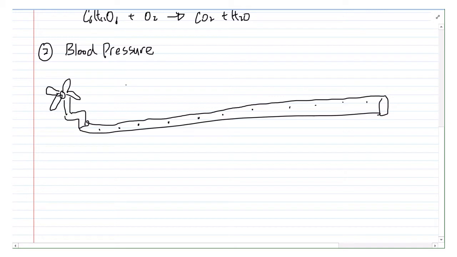Visualize what's going to happen. The water will shoot out quite high, but then eventually, as you go farther away from the water tap, the water is still going to be coming out, but it's not going to be shooting out with as much force as before.